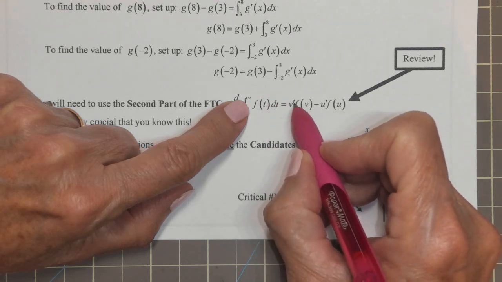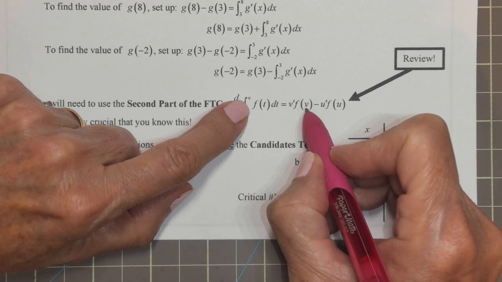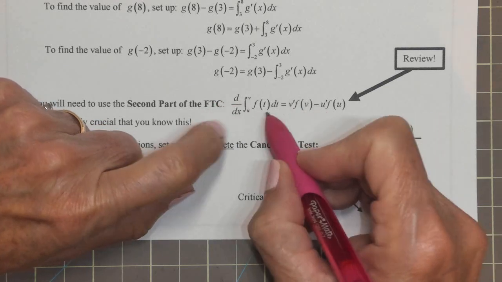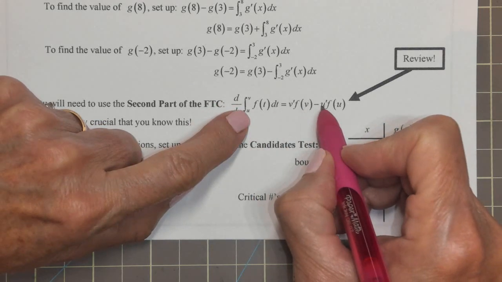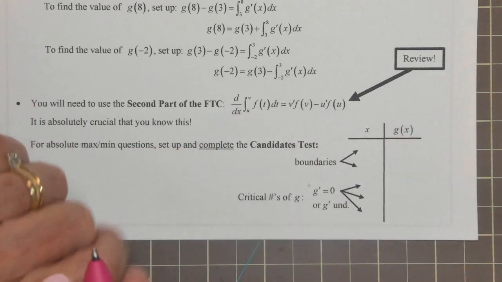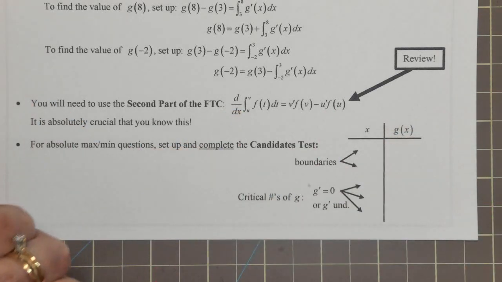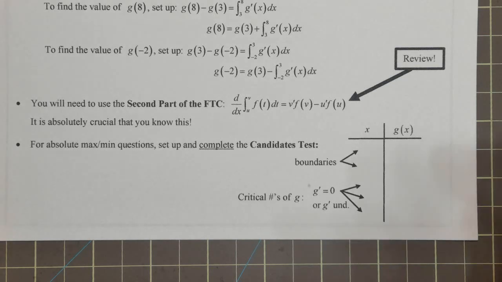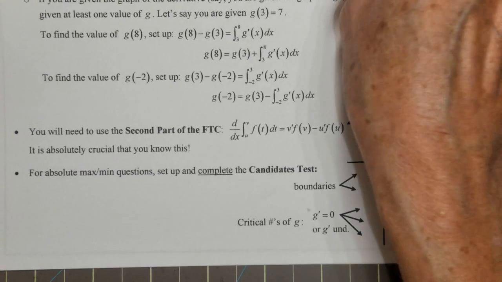So v prime f of v minus u prime f of u. Oftentimes in these, you need to find an absolute min or max, and you set up and complete the candidates test for that.